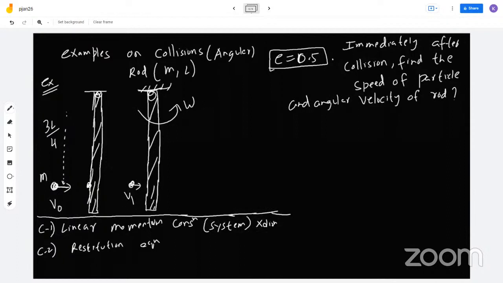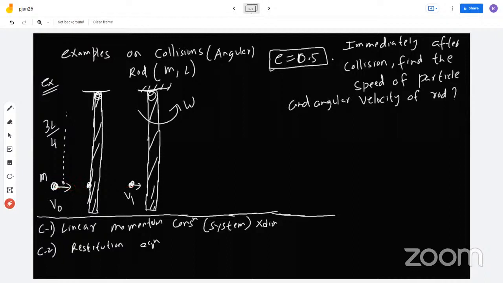Before applying conservation of linear momentum, what checks do we have to do? The net force is 0, the impulse is 0. In the x direction, the force or impulse is 0. The reaction force between the two is internal, right?